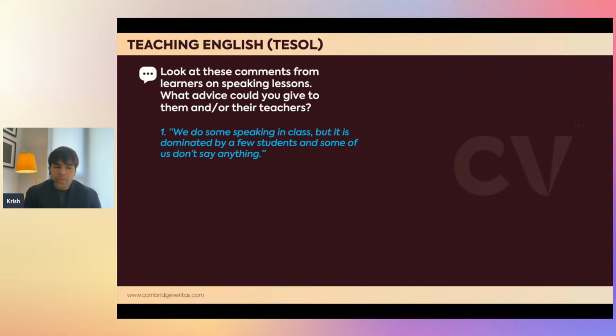So look at the comments from learners on speaking lessons. Students are commenting what they feel about it. What advice would you like to give them or their teachers? The concern is we do some speaking in class, but it is dominated by a few students, and some of us don't say anything. It's very common, isn't it? So, what advice would you like to give these students?